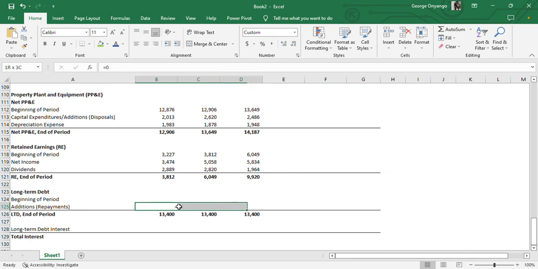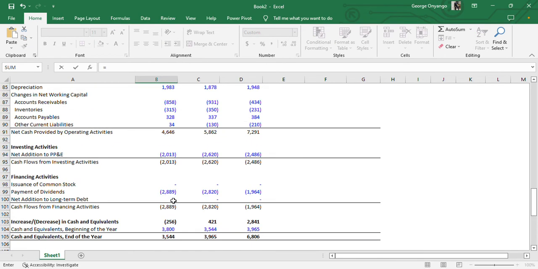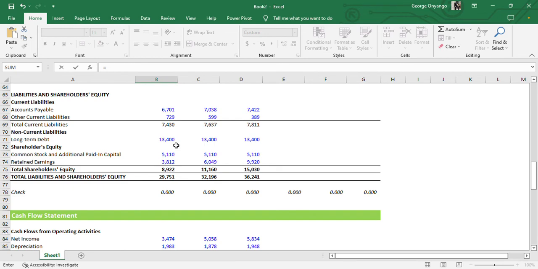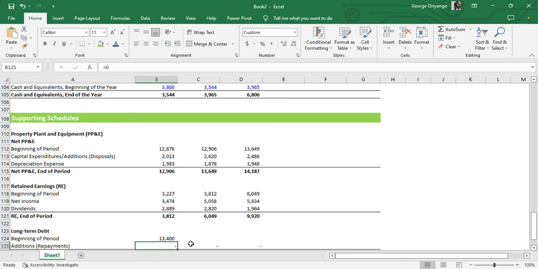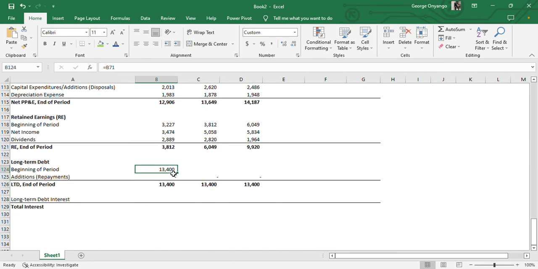You feel that, right? Then at the beginning of the period, because they did not add or pay the principal, the beginning of the period is just the same as the balance sheet here. So that is going to be, you feel that, right?